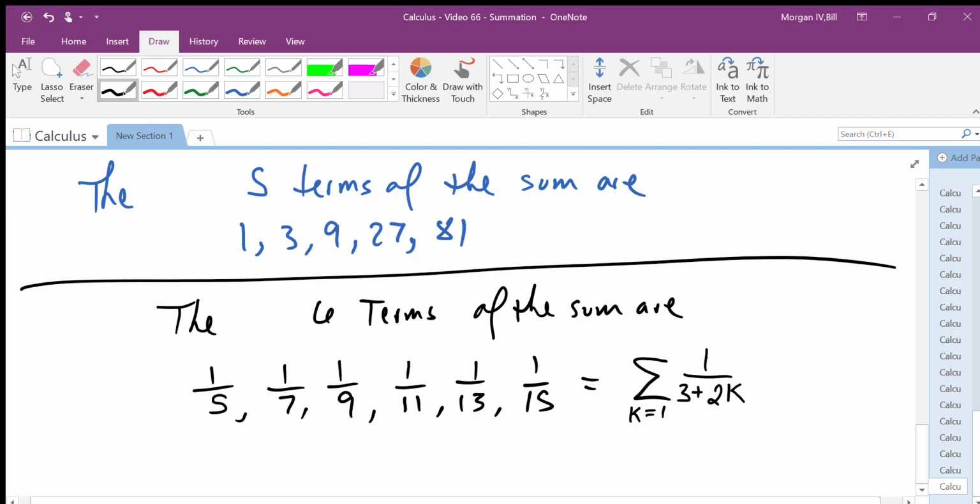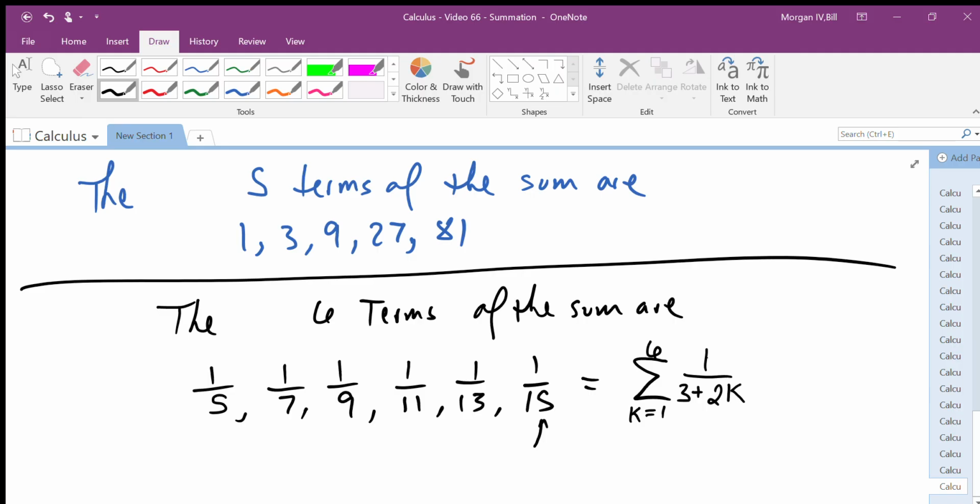That way, if I plug k in as 1 the first time, I get 5 in my denominator. So k would need to start at 1 and end at 6. Because if k is 6, 2 times 6 is 12, plus 3 is 15, and that's my final term. So I would need to go from k equals 1 to 6 of 1 over 3 plus 2k. That would be one summation that would work.